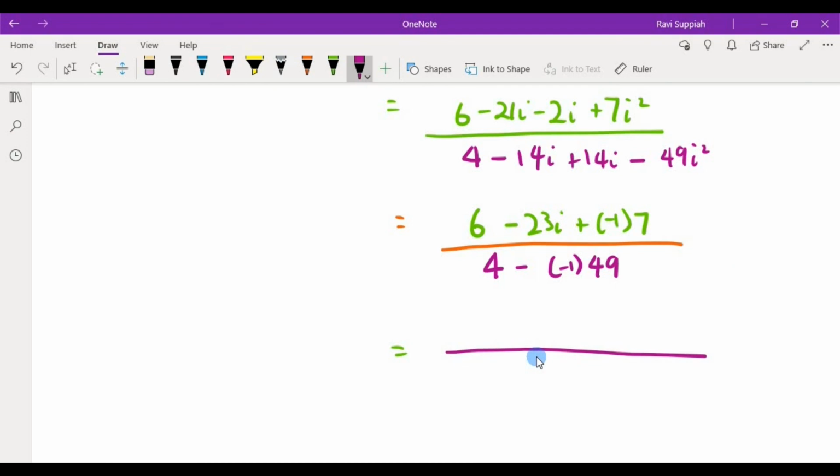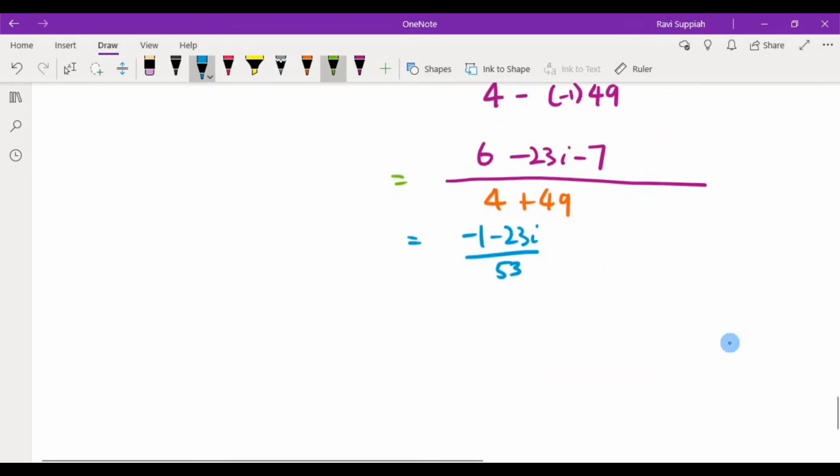So at the top we have 6 minus 23i minus 7, and at the denominator 4 plus 49. So we have minus 1 minus 23i over 53.